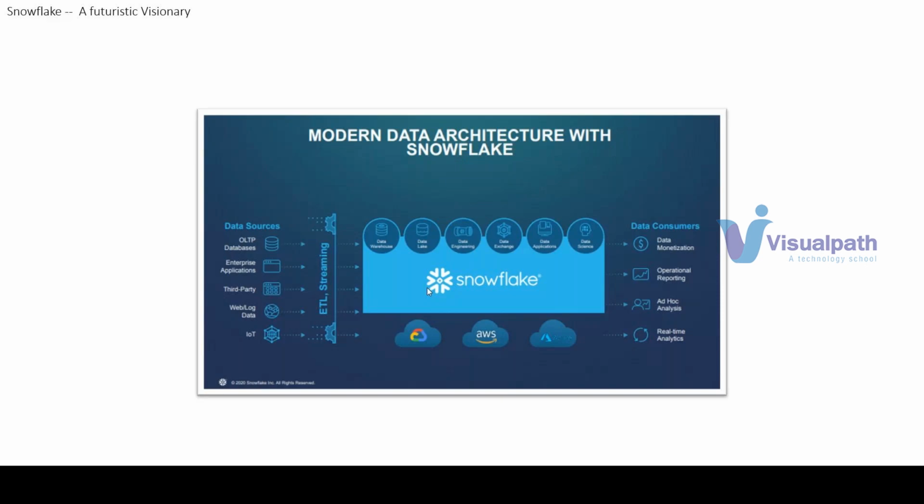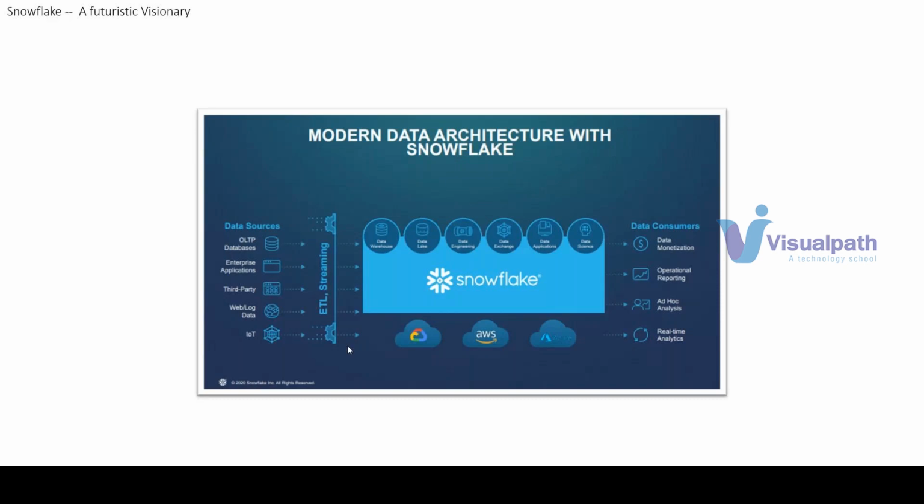It has the option of bringing the data from multiple sources of different types. Maybe your database data, your streaming data, your social networking data, or anything for that matter. We'll be using only one sort of technique here, ETL streaming, and then we bring the data into Snowflake.